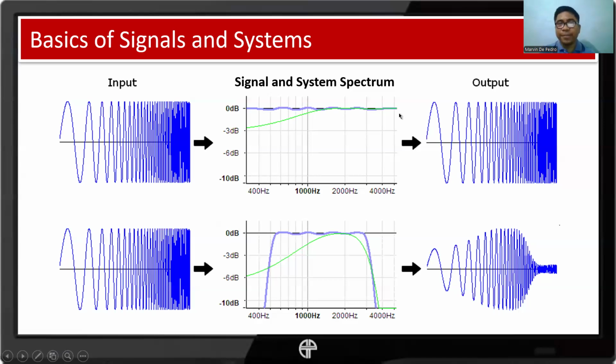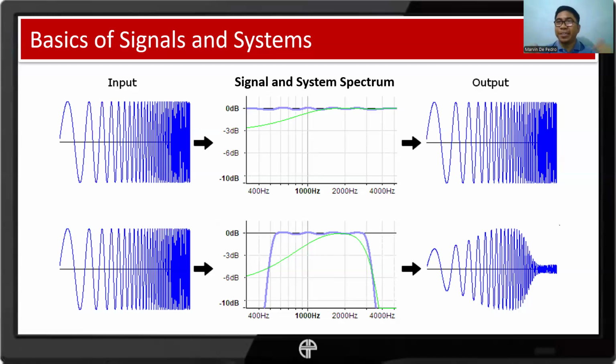If you observe, all portions of the green spectrum, meaning the signal spectrum, fit within the system spectrum. It does not exceed, it does not go beyond the blue part. If you have noticed, the input is somewhat the same as the output, meaning nothing much has changed.